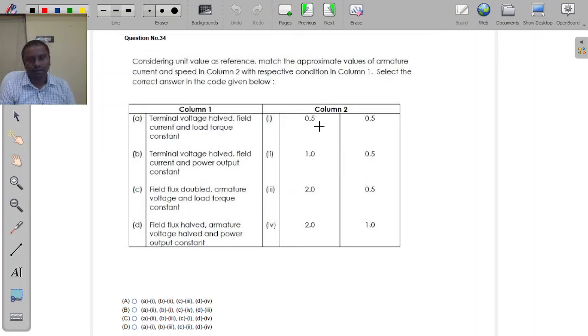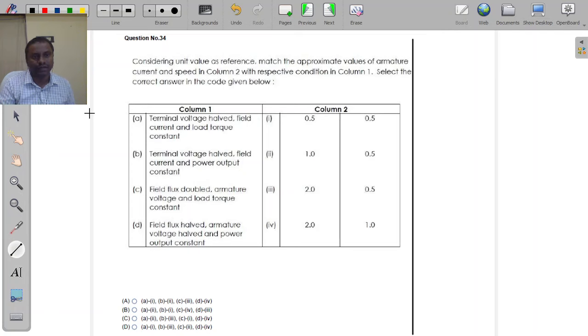In column 2 they have given the armature current and the speed. If you do like this, what will become the armature current and what will become the speed, like that they are asking. Now let's take a separately excited DC motor.